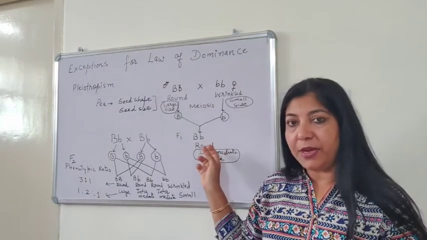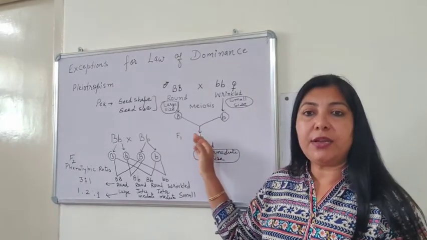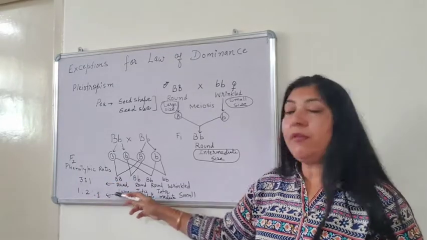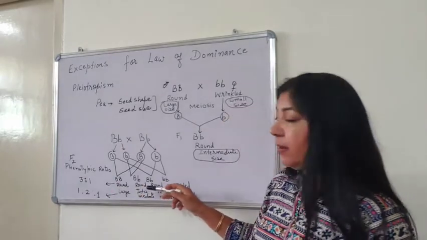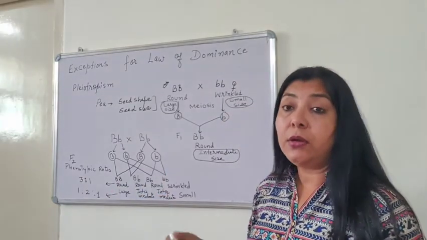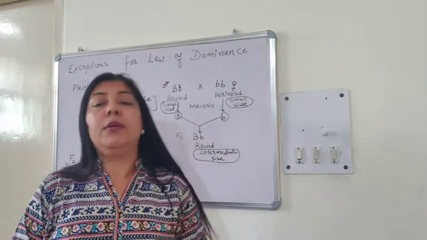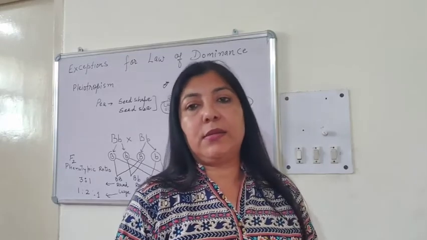This is incomplete dominance. And when these intermediates, that is F1 generation, are selfed, then in F2 generation, the phenotypic ratio is 1:2:1. That is 1 part large, 2 parts intermediate and 1 part small. So this is incomplete dominance. How does this take place?